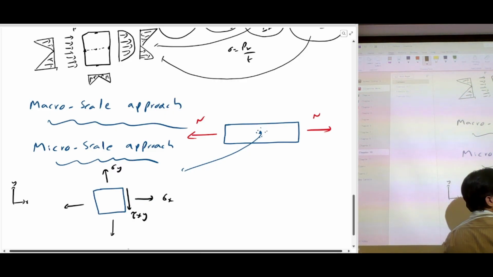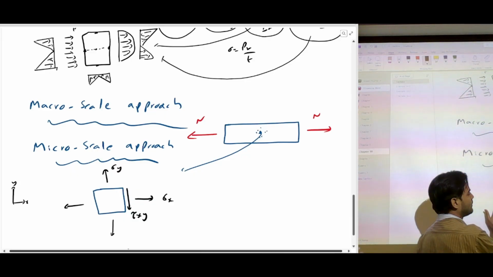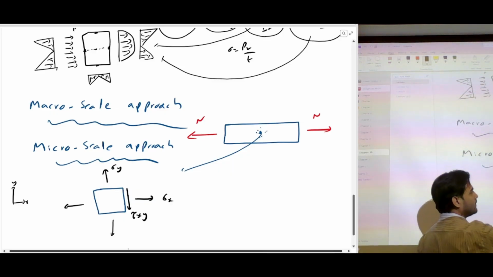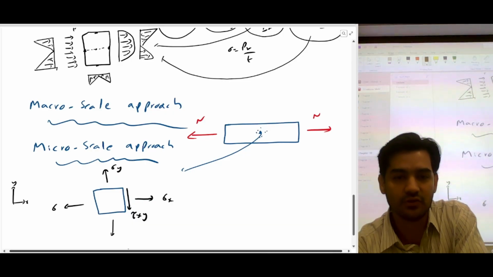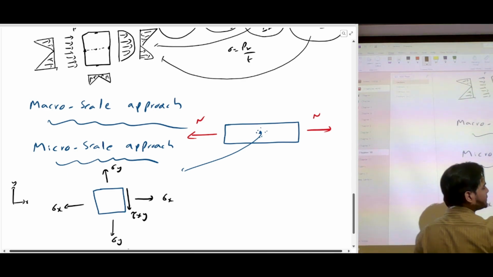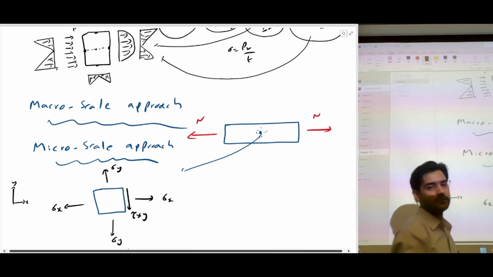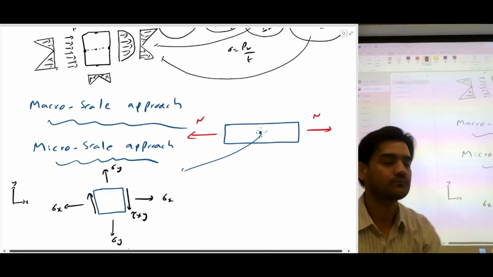If this is in this direction, in order for equilibrium to hold, you also need a stress in this direction. If you have stress in the y direction, for equilibrium to hold, you also need a stress in this direction. So this is also stress x, this is also stress y. You have a shear stress here. In order to maintain equilibrium, you need an opposite force on the other face as well.